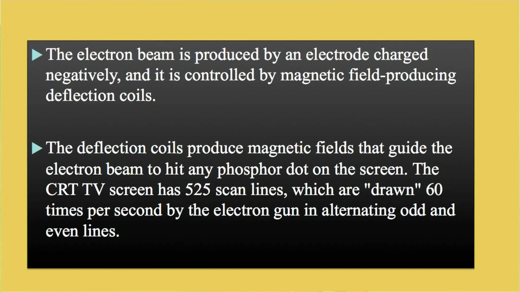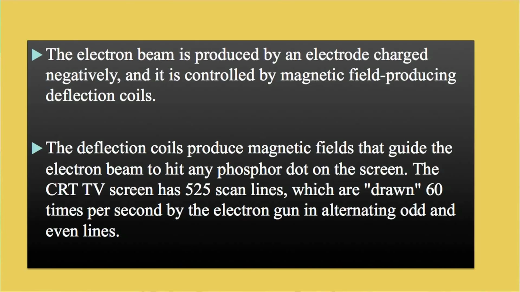The inner surface of the screen is coated with tiny phosphor dots that emit light in three primary colors: red, green and blue. When an electron beam hits these dots, they emit light and create the desired image on the screen. The electron beam is produced by a negatively charged electrode, and it is controlled by magnetic field producing deflection coils.